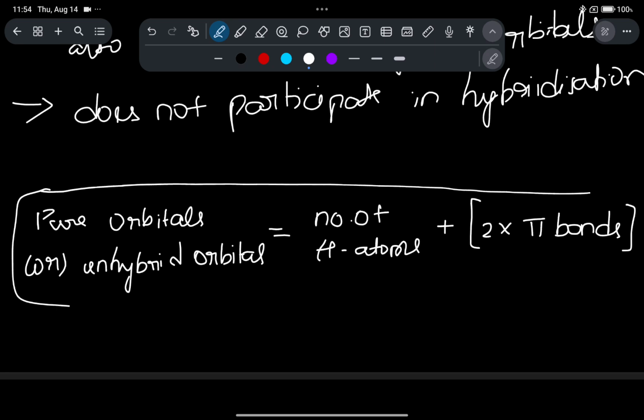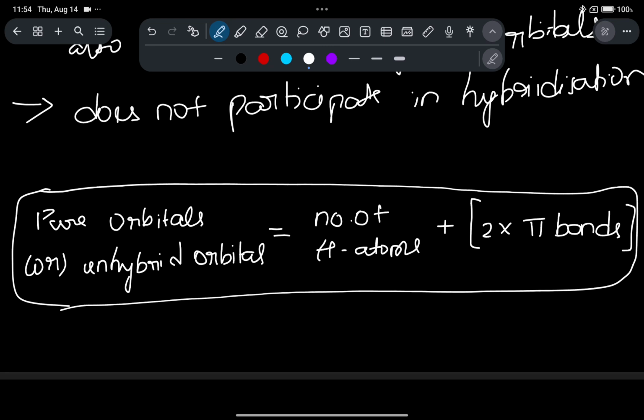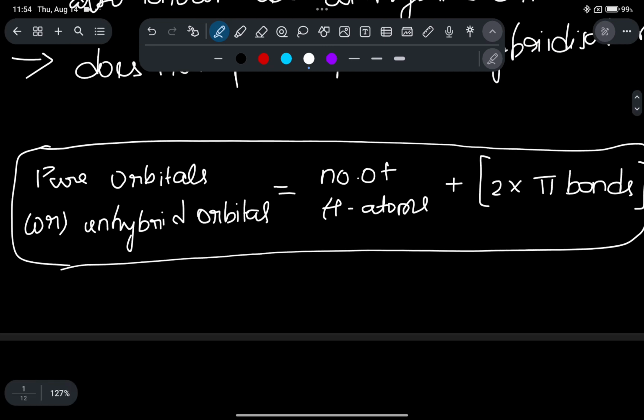Here is the formula for the pure orbitals. If you read the structure, you will definitely find out how many hydrogen atoms are connected, and 2 into pi bonds.